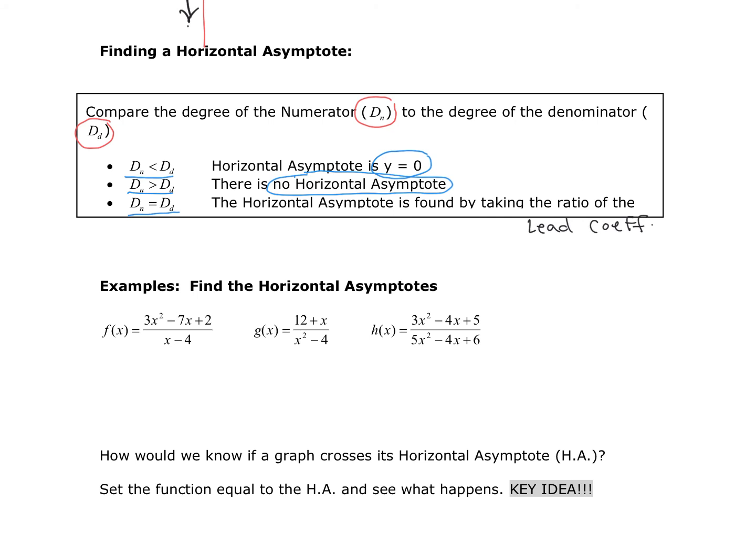Okay, so let's look at this first one. We notice that in this particular case, the degree of the numerator is 2 and the degree of the denominator is 1. It therefore is top-heavy and there is no horizontal asymptote.